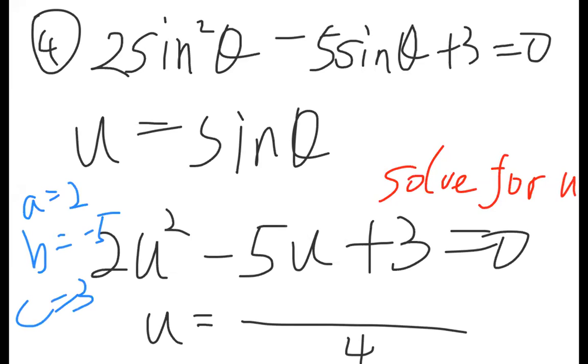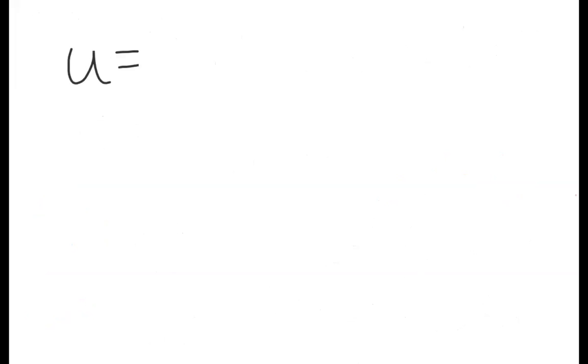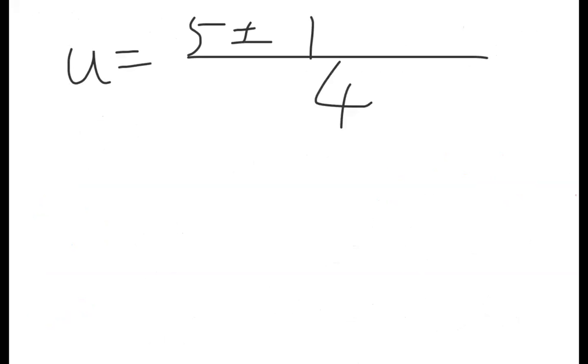So 2a on the bottom, minus b on top, which is 5, plus or minus the square root of b squared minus 4ac. Simplify this, you have plus or minus 1.